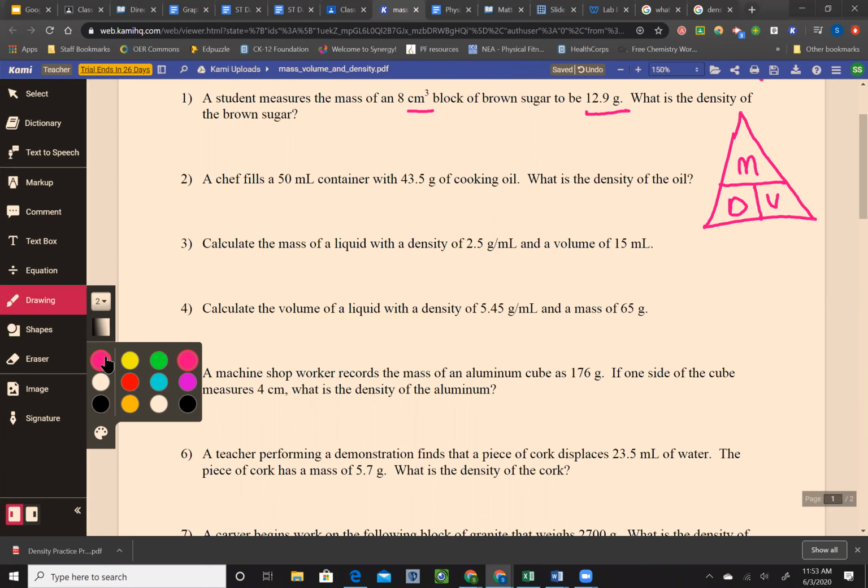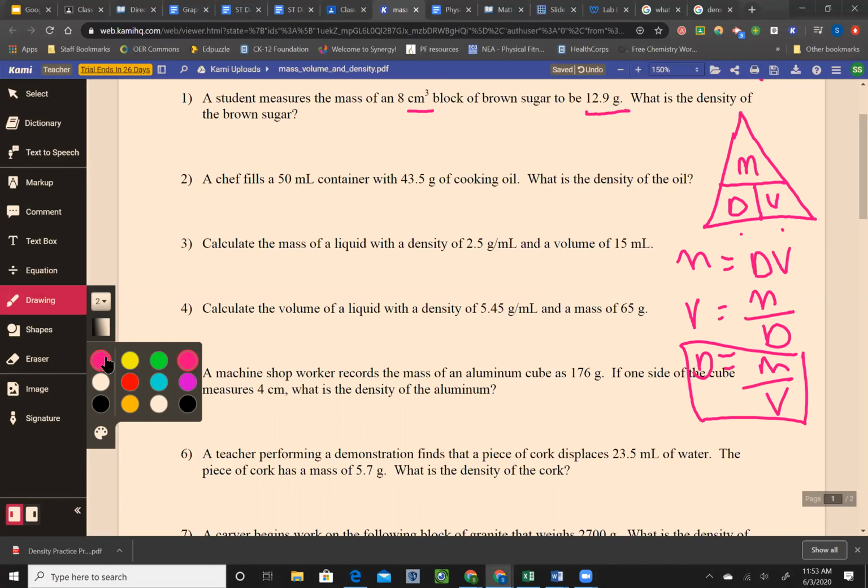And anytime they're side by side, that's a multiplication problem. So to solve for mass, m, it looks like I have to multiply density times volume. To solve for volume over here is to divide mass by density. And to solve for density over here on the left-hand side is to divide mass by volume, which is our original formula. So this little triangle hopefully helps you to remember these things right here.